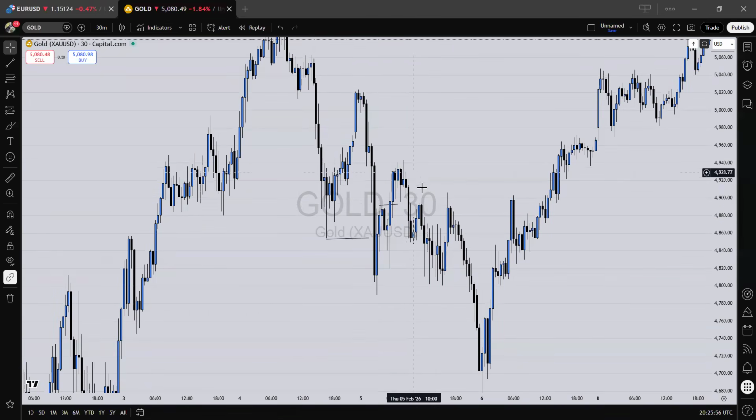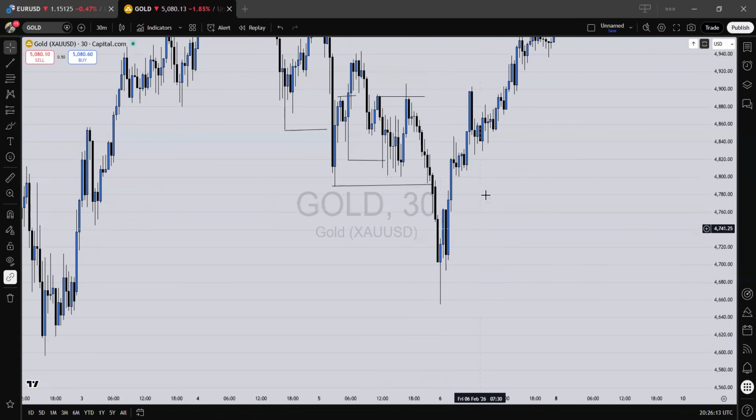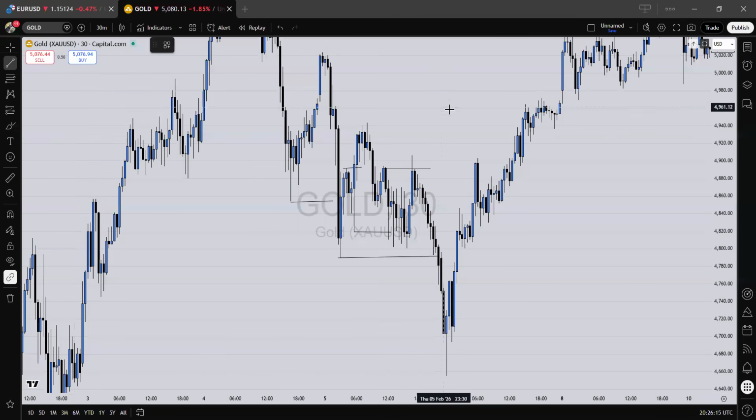Takes out liquidity, seeks another liquidity. Takes out liquidity, seeks another.